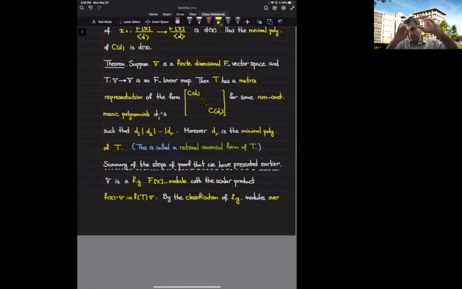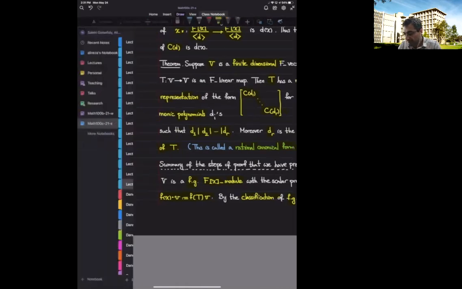A block matrix. On the diagonal, we have companion matrices of d sub i's. And moreover, d sub r, the last one, is the minimal polynomial of the entire T. So the minimal polynomial of T is d sub r. So the last one, at least we have a complete understanding of. It's precisely the minimal polynomial of the operator T.